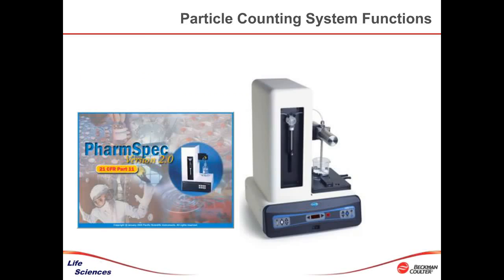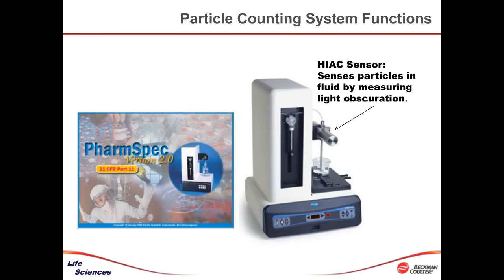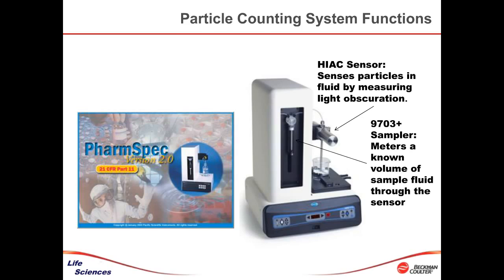So these types of instruments are focused to that purpose, and basically combine a sensor to do the detection, some form of a sampling system to meter a volume, because again, we're talking about counts per unit volume. So we want to know that that's an accurate volume. So we have a metering system. Commonly, a syringe drawing system is used to aspirate sample out of a vial or the container.